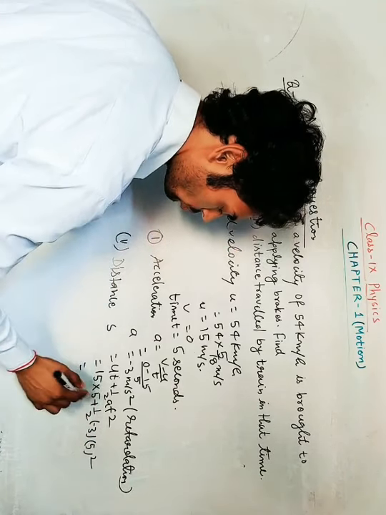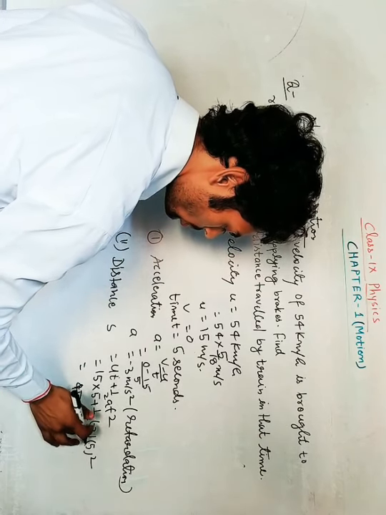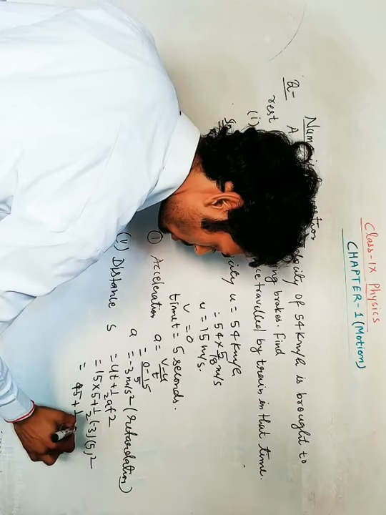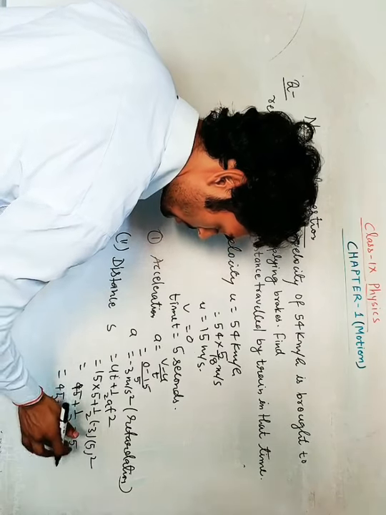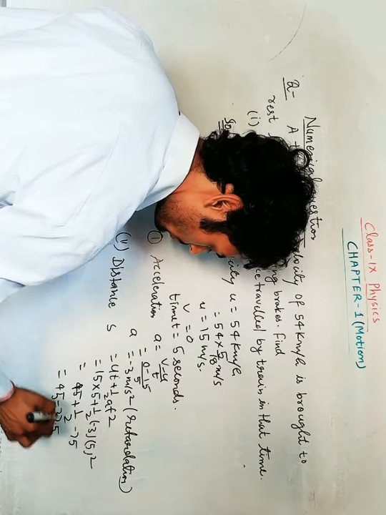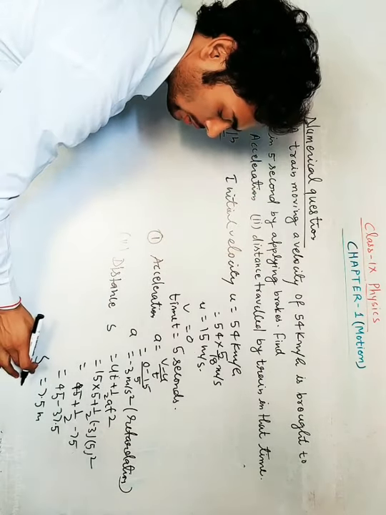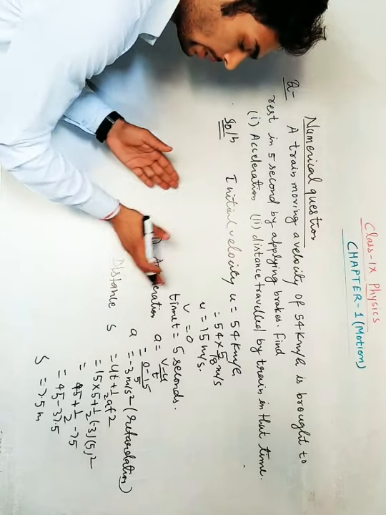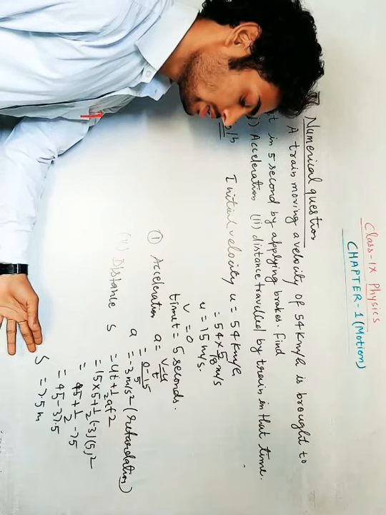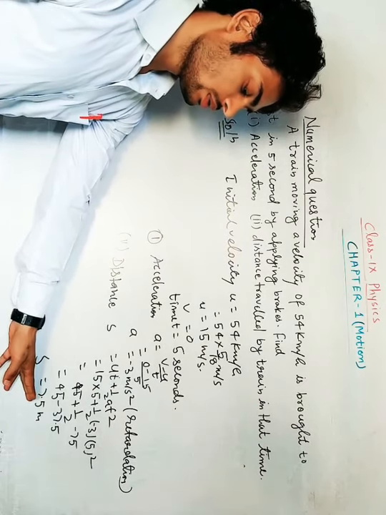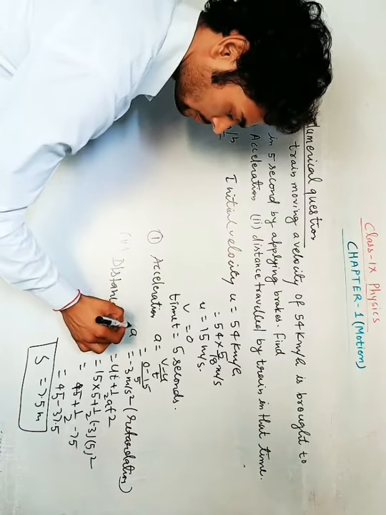Then 15 into 5 is 45, plus 1 upon 2 into minus 3 into 25 equals minus 75 by 2, which is minus 37.5. So it becomes 7.5 meter. Distance traveled by the train equals 7.5 meter when brakes are applied. Acceleration equals minus 3 meter per second square, and distance S equals 7.5 meter.